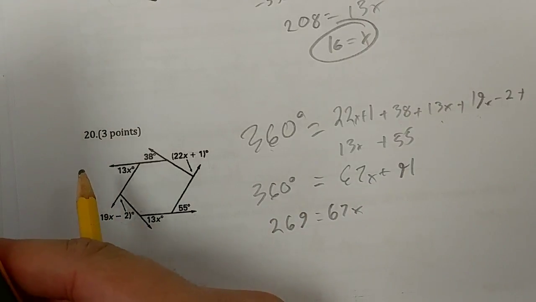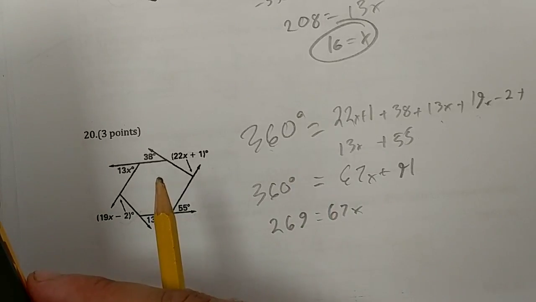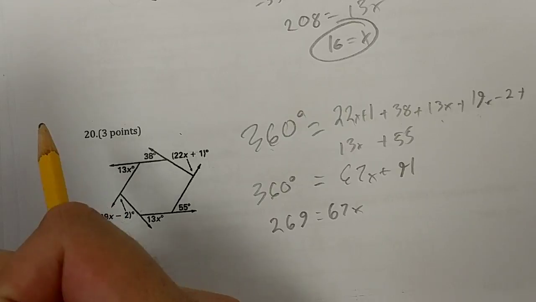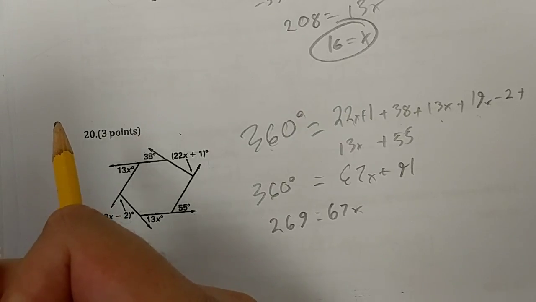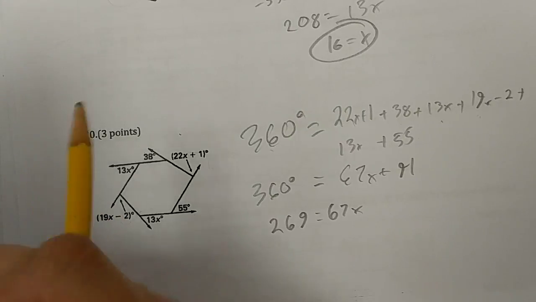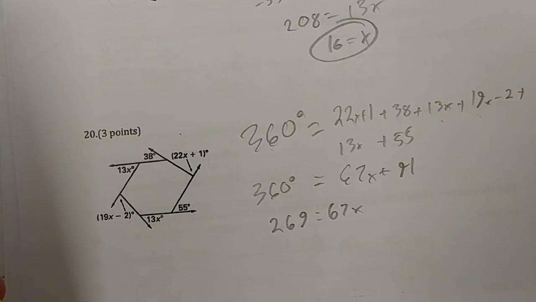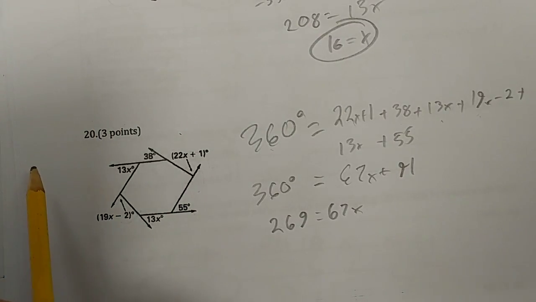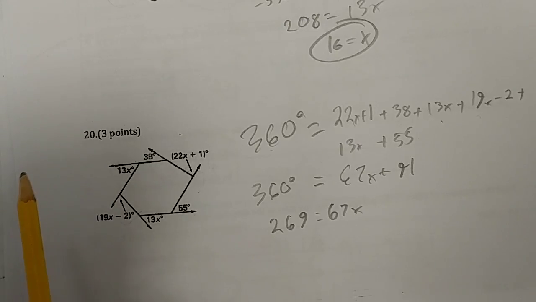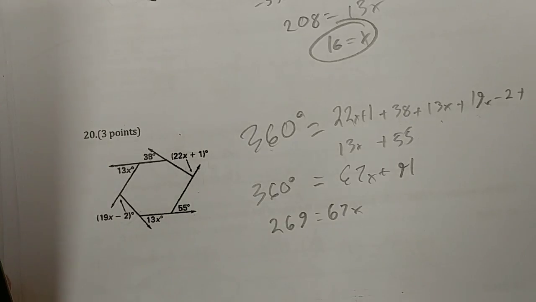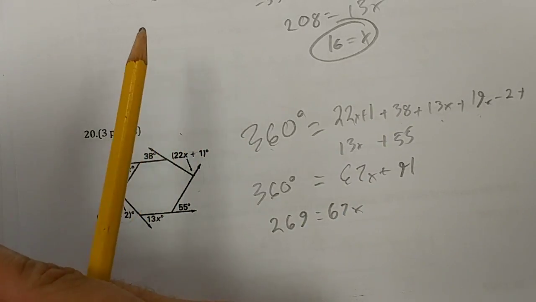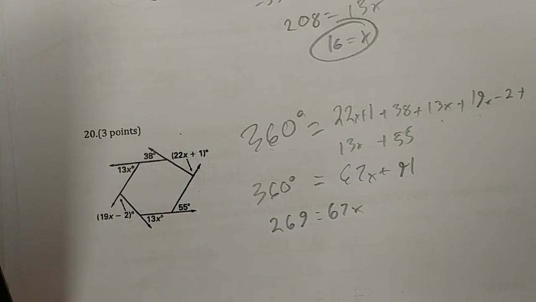67x divided by 67. Did I mess up something? 38 plus 55 minus 2 is 91. 22 plus 13 plus 13 plus 19 is 67. And 360 minus 91 equals 269.